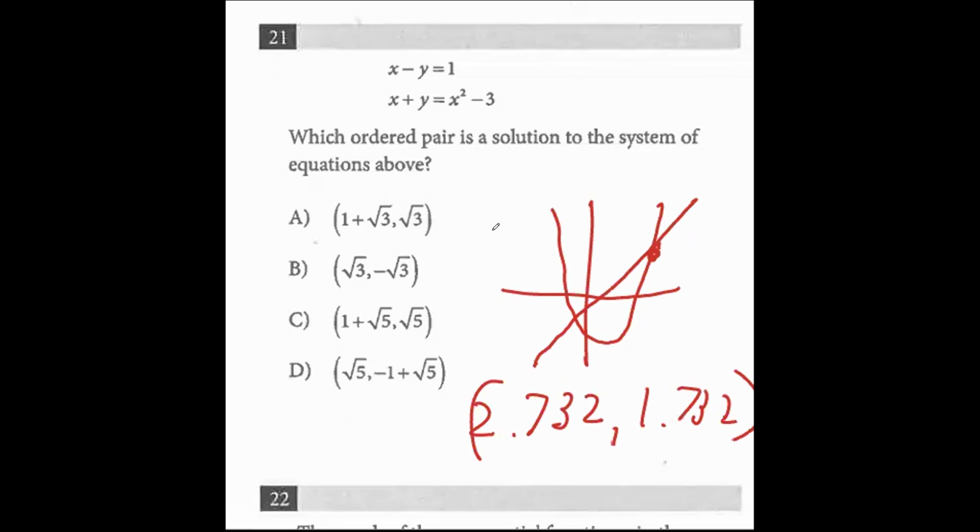So root 3 is equal to 1.732, and root 5 is equal to 2.236. So we have to find 2.732, so that would just be 1 plus root 3, and 1.732 is just root 3. So the correct answer is A.